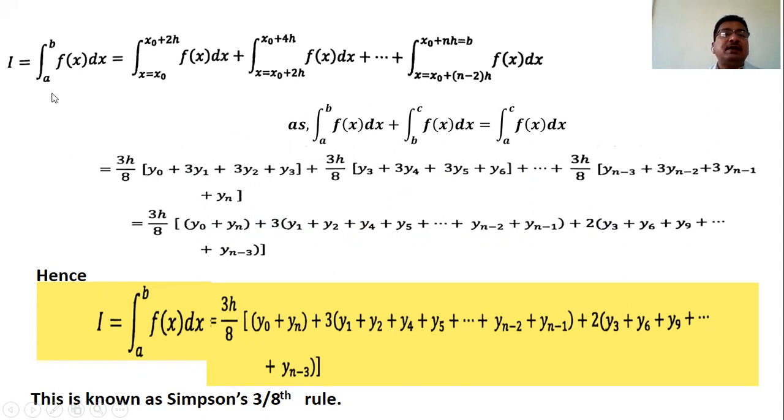So by using this rule, again the same a to b fx dx is divided into the addition of these n sub intervals. What are they? x0 to x0 plus, right here 3h. Don't write 4h or 2h, write x0 to x0 plus 3h. Correct here.